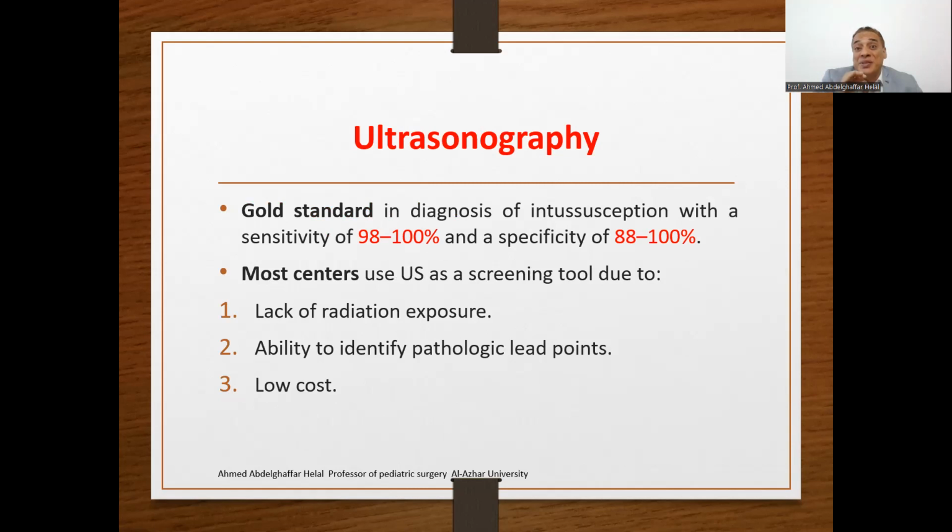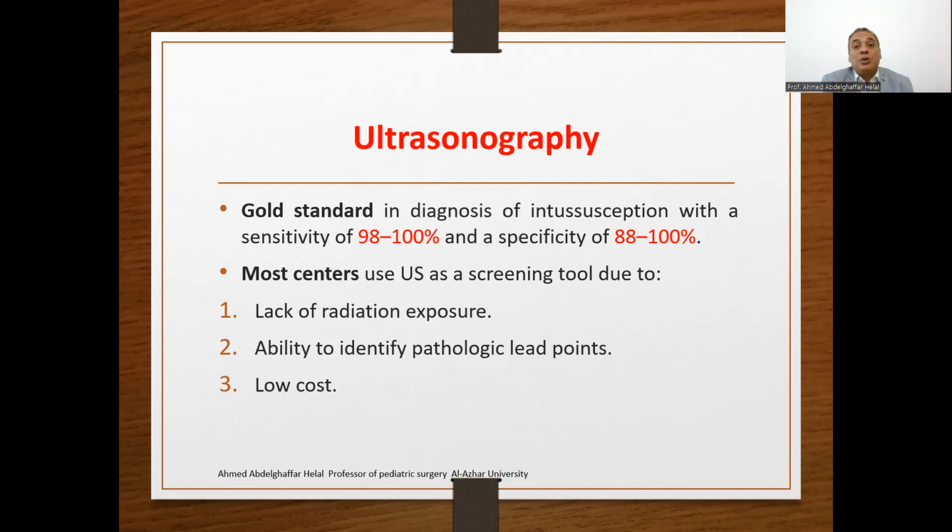Ultrasonography is the gold standard today in the diagnosis, with a sensitivity and specificity reaching about 100%. Most centers use ultrasound as a screening tool due to the lack of radiation exposure, the ability to identify the pathological lead point, and low cost.